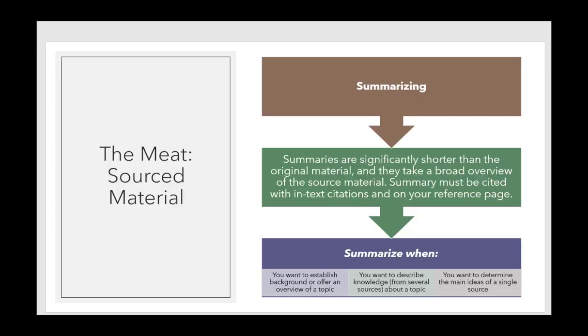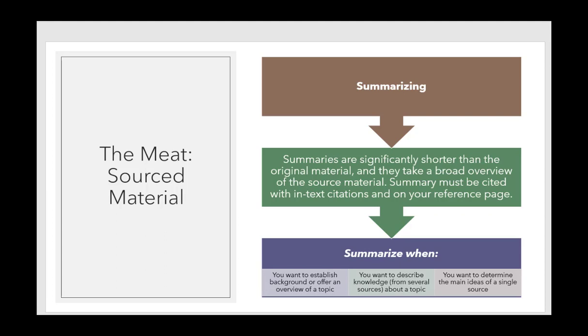As far as the meat is concerned, so the second layer, once we establish a signal phrase, then we need to make a choice, okay, about the kind of ways in which we're going to integrate that source. So the first type is summary. And as I said before, it's really going to be important for you to look at that BEAM model and recognize why you are incorporating this information.